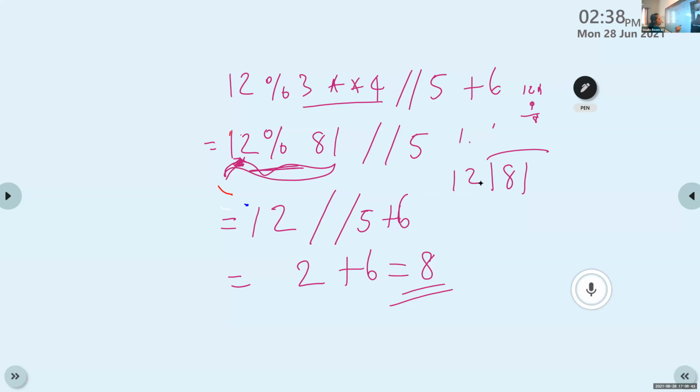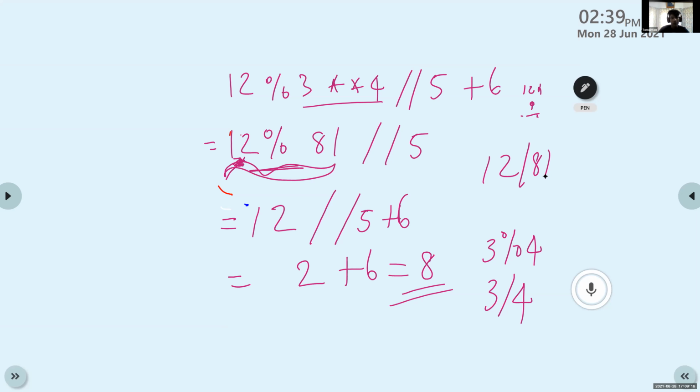One second, there's a mistake, I think. 3 mod 4 means 3 divided by 4. That is 3 mod 4. 12 mod 81 is 12 divided by 81. Now it's okay, Kevin? Yes, ma'am. It's a mistake.